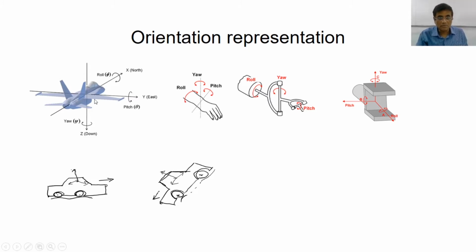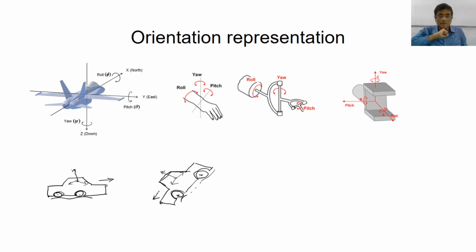For an aircraft, these angles are measured by sensors, and by moving about those axes you can control the orientation of the aircraft or wrist or robot wrist in a similar fashion in 3D space.